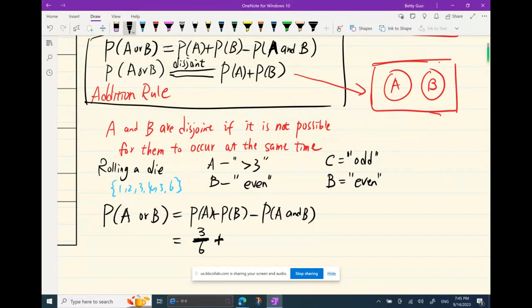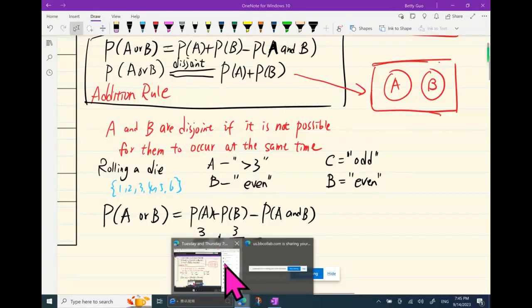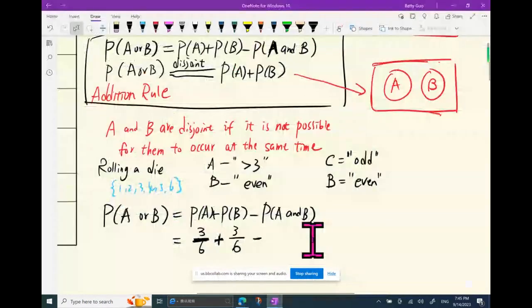And what's the probability of B? Rolling a die and getting an even number: 2, 4, 6. So 3 of the outcomes favor the event B occurring. The denominator is also 6, right? It's also 3/6. Very good. Half. Perfect. What about the probability of A and B?